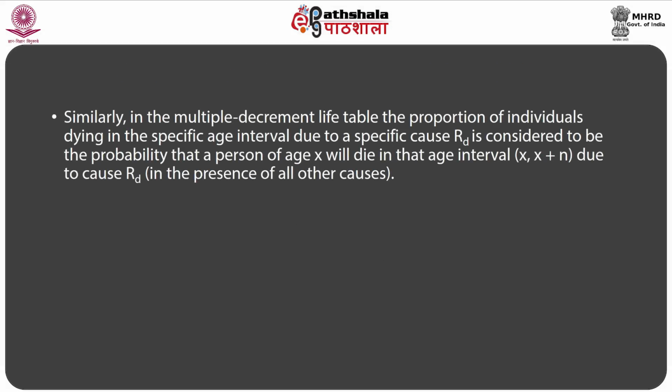Similarly, in the multiple decrement life table, the proportion of individuals dying in the specific age interval due to a specific cause Rd is considered to be the probability that a person of age x will die in that age interval x plus n due to the cause Rd in the presence of all other causes, denoted by nqxd.